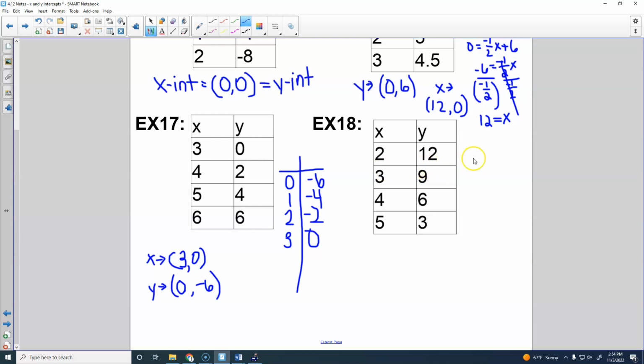All right. Okay, this one. Do we know the x-intercept or the y-intercept? Looking at it, no, but if we add one more slot to the table here, we would get 0. So 6, 0, is that the x or the y? That is the x-intercept. Y is 8.